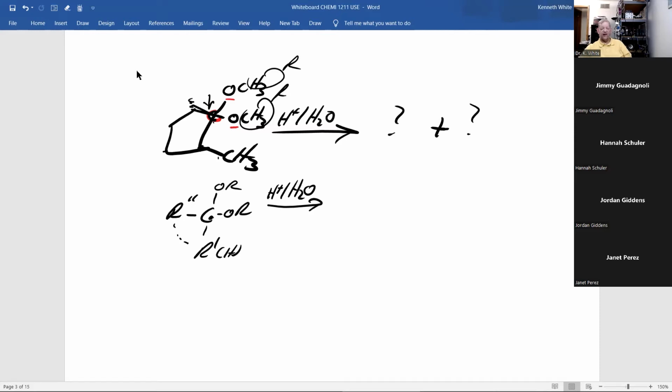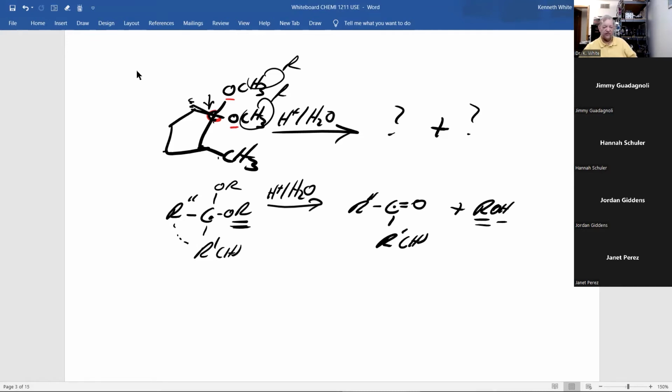keep your eye on this carbon, it becomes the carbonyl. In other words, you go back to what you started to make this. And on this carbon, we have our R prime or hydrogen, because you don't break carbon-carbon single bonds. And we have our R double prime. Now, on the oxygens, you have an R group, and they become alcohols. And the carbon with the oxygen here is the carbon with the hydroxy group there.